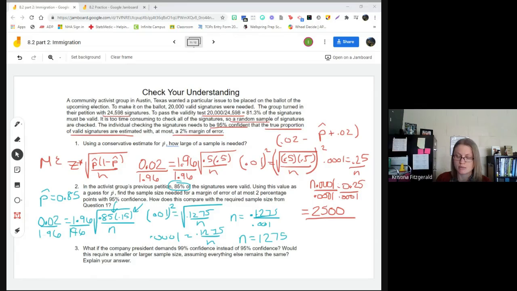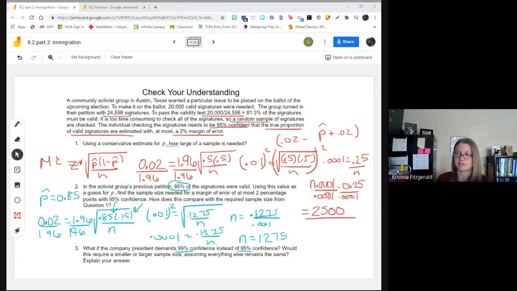So lastly, what if the company president demands 99% confidence instead of 95%? Would that require a smaller or larger sample size, assuming everything else remains the same? So what we want to think about is to be more confident in our responses, we obviously need more signatures.